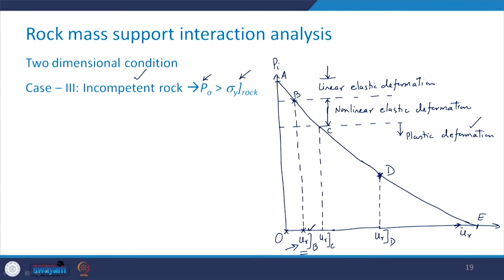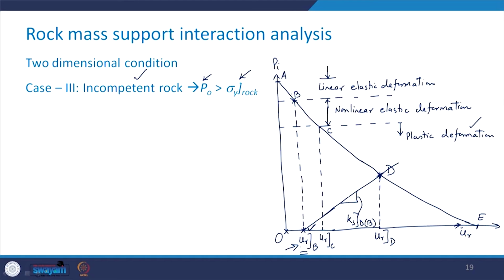So, you just join these 2 points, and the stiffness of this line I am denoting as Ks at D when B was allowed. B was allowed means that radial deformation corresponding to this B was already there before the installation of the support system.